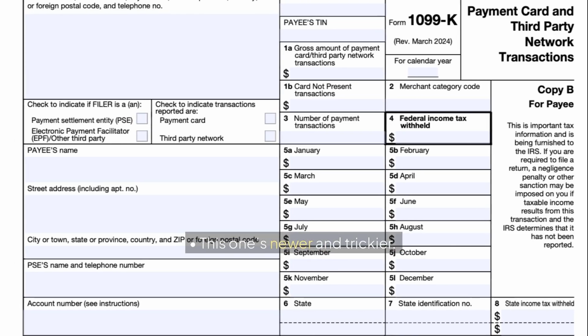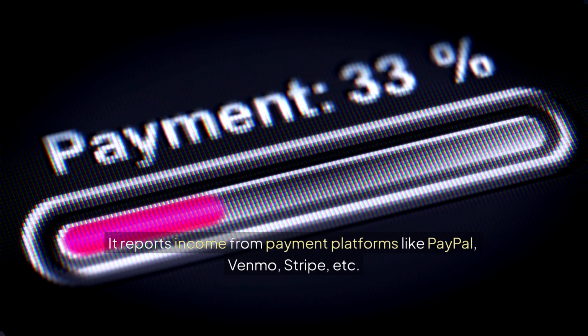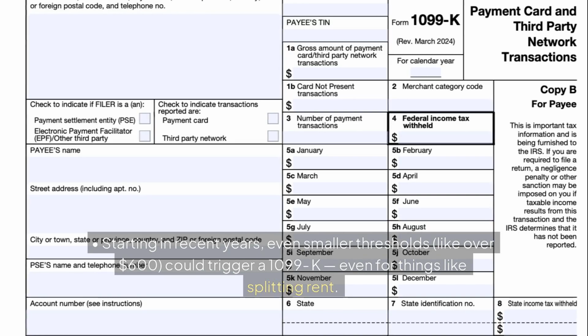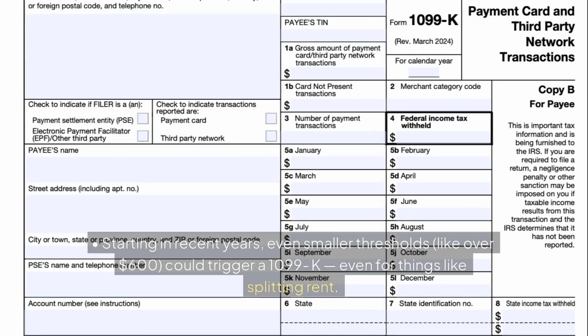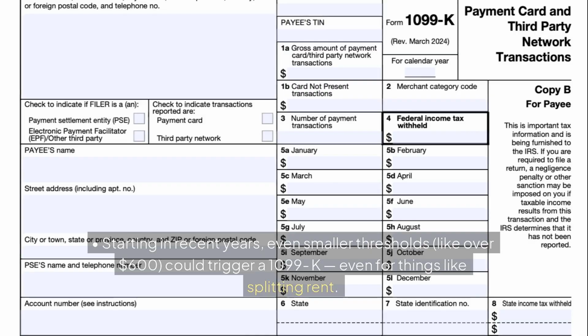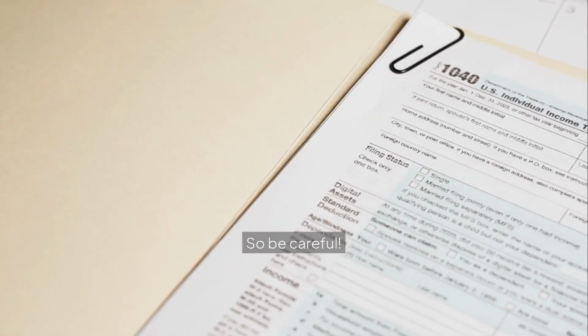This one is newer and trickier. It reports income from payment platforms like PayPal, Venmo, Stripe, etc. Starting in recent years, even smaller thresholds like over $600 could trigger a 1099-K, even for things like splitting rent. So be careful.